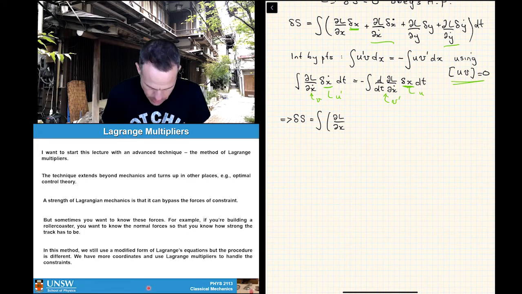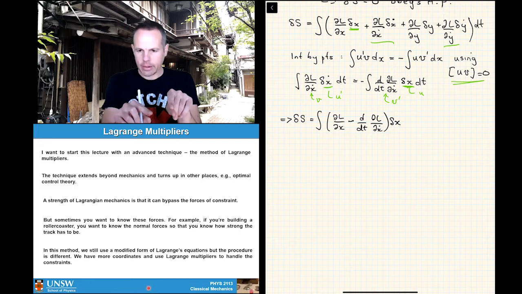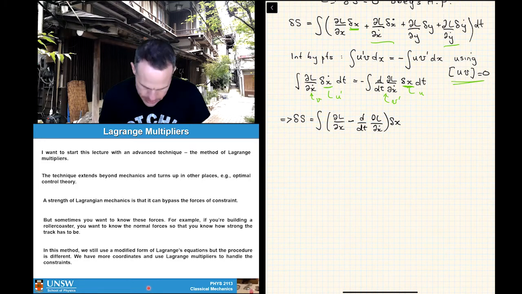So this is going to be minus d/dt of dL/dx-dot, delta x. All I've done is put the minus sign in doing the integration by parts, and then carry the delta x out the end, dt, plus a second integral.